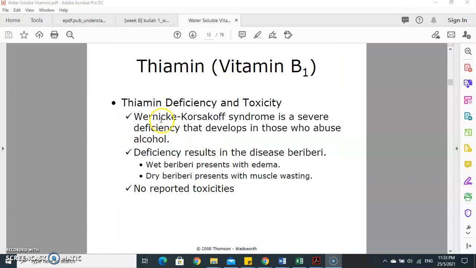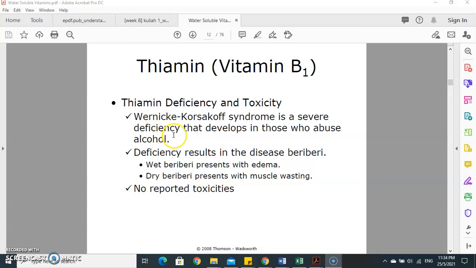So, besides that, with thiamine deficiency, that person will have what we call Wernicke-Korsakoff syndrome, which is a severe deficiency that develops in those who abuse alcohol. So those who are alcoholic, they will develop this syndrome, which is called Wernicke-Korsakoff.